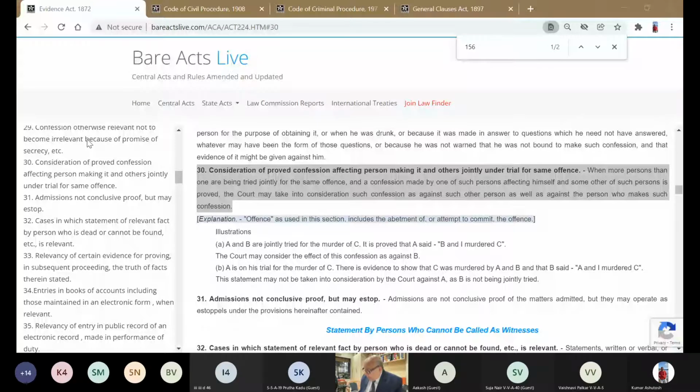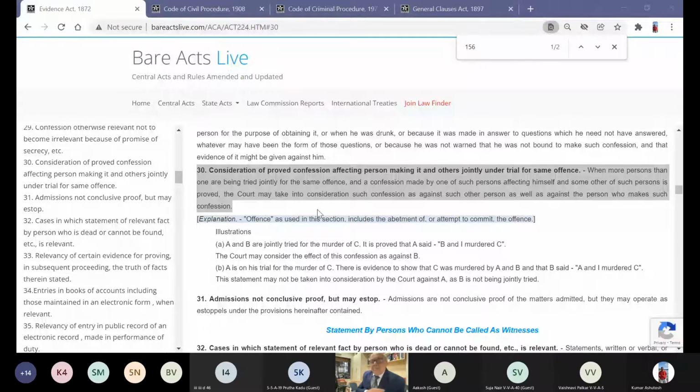With a view to obtaining the evidence of any person supposed to have been directly or indirectly concerned in or privy to an offense to which the section applies, the Chief Judicial Magistrate or a Metropolitan Magistrate at any stage of the investigation or inquiry into trial of the offense, and the Magistrate of the first class inquiring into or trying the offense at any stage of the inquiry or trial may tender pardon, underline this word, tender pardon to such person on a condition of his making full and true disclosure of the whole of the circumstances within his knowledge relative to the offense and to every other person concerned, whether as principal or abettor in the commission of the offense.